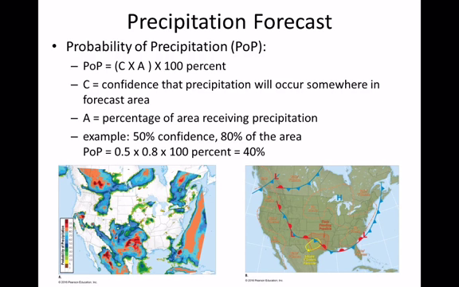I think it's confusing, but the example your textbook gives is, what if the C term, we have 50% confidence that there'll be some precipitation somewhere in that region? And then what if we think when it happens, 80% of the region is going to be affected? So if you take 0.5 times 0.8, you get 0.4. So they would say that the probability of precipitation is 40%. I was like, really? You couldn't make it any easier? I guess not.